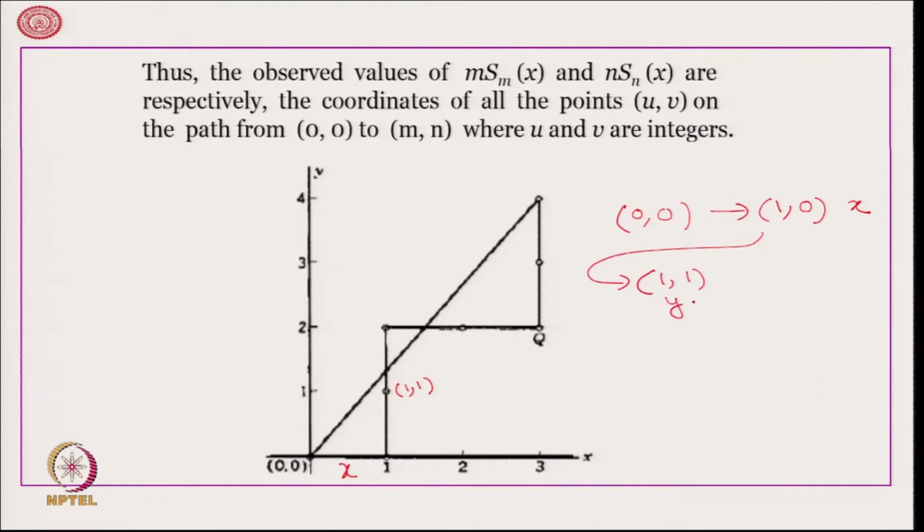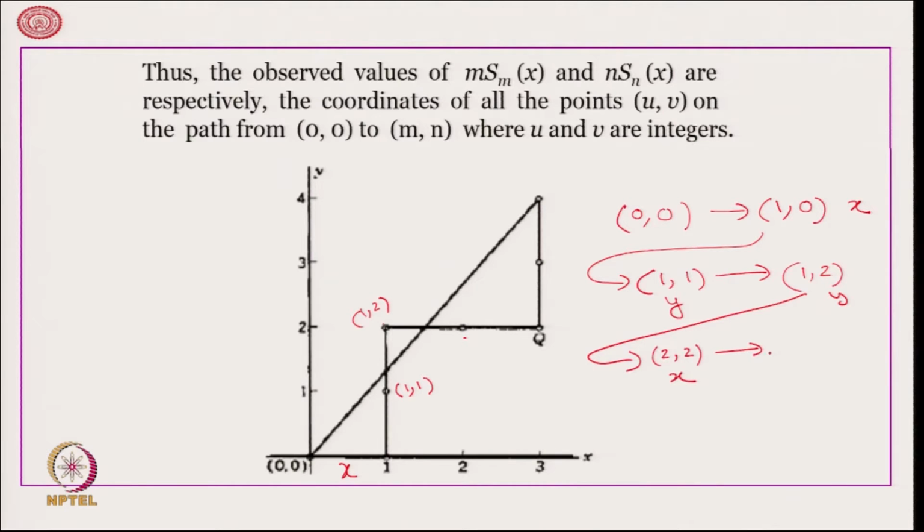Because that observation was a y, from 1 1 we go to 1 2. Because we got a y, then from 1 2 we go to 2 2, because we got an x.